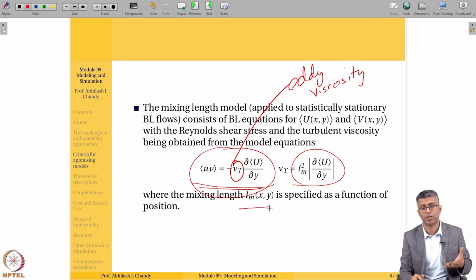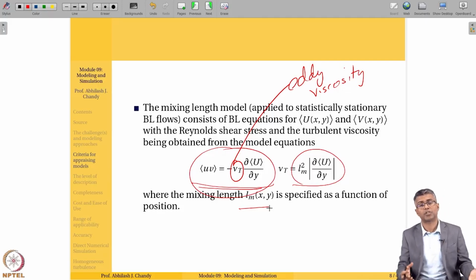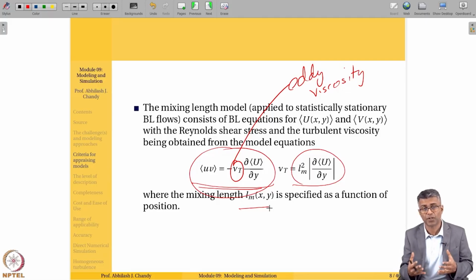This is usually specified as a function of position. Sometimes it is specified to be a constant, although that might not be the case. Sometimes it is just taken to be a fraction of the characteristic length scale of the flow. Now the mixing length model has a very interesting history.